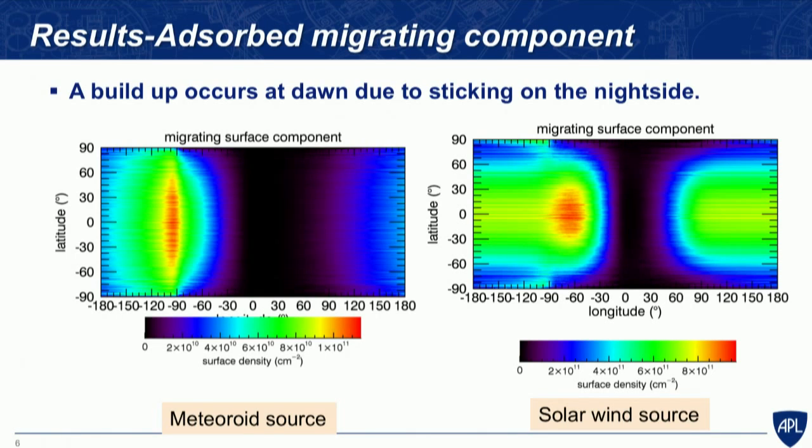You lose hydration during the hot parts of the day, and then you start to reaccumulate it at night. The reason why these two look so different is because the meteoroid source is centered on the morning hemisphere, and the solar wind source is centered at noon. So the difference between the two is particles that are very recently released, so they haven't lost track of what their source was yet.